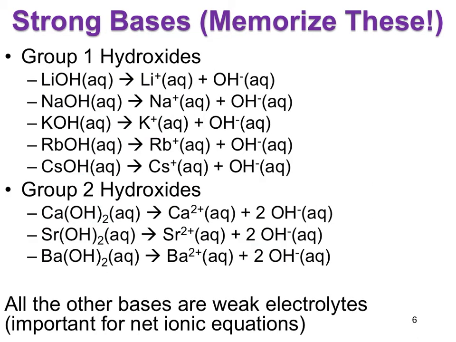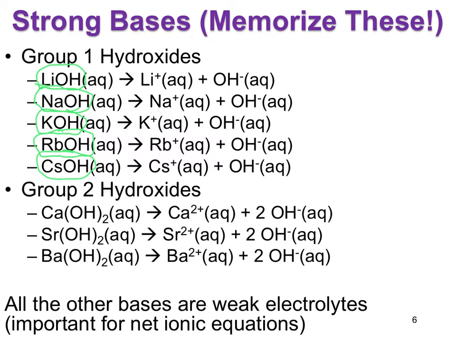The 8 strong bases come in 2 groups. The first group are the hydroxides of the group 1 metals. These are lithium hydroxide, LiOH, sodium hydroxide, NaOH, potassium hydroxide, KOH, rubidium hydroxide, RbOH, and cesium hydroxide, CsOH.